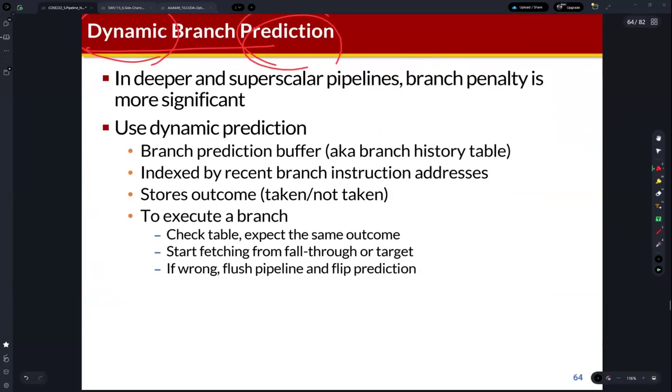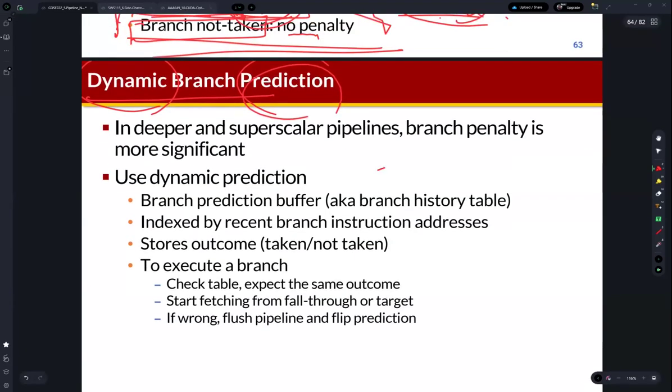So we can predict the result of a branch instruction in runtime. Dynamically, which means a processor predicts the result of a branch instruction dynamically in runtime. Okay, this is the dynamic branch prediction.